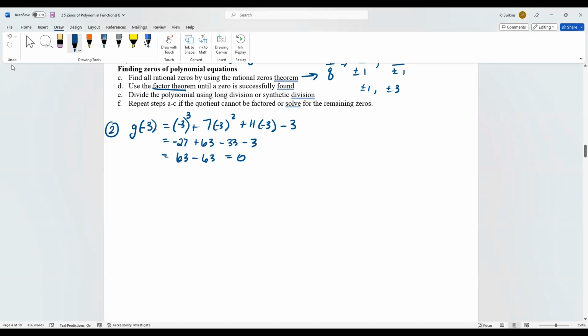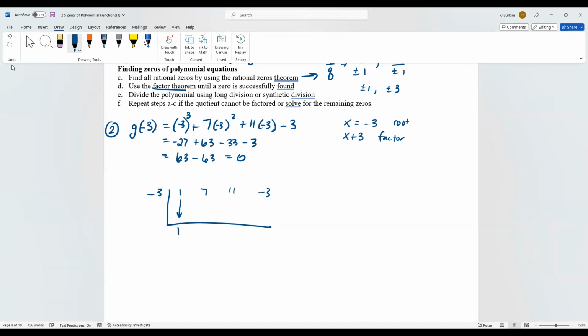So the root is -3, which means x plus 3 is the factor. So this is the root, this is the factor. Let's go ahead and use our synthetic division. So we're plugging in -3 out here, and then our coefficients were 1, 7, 11, and -3.